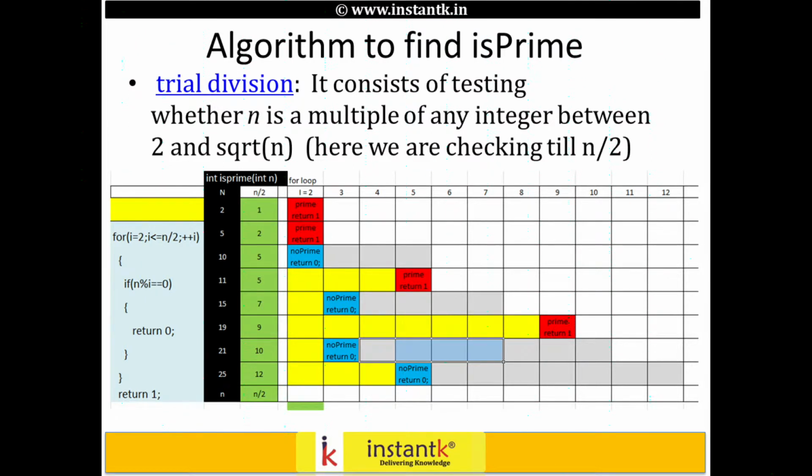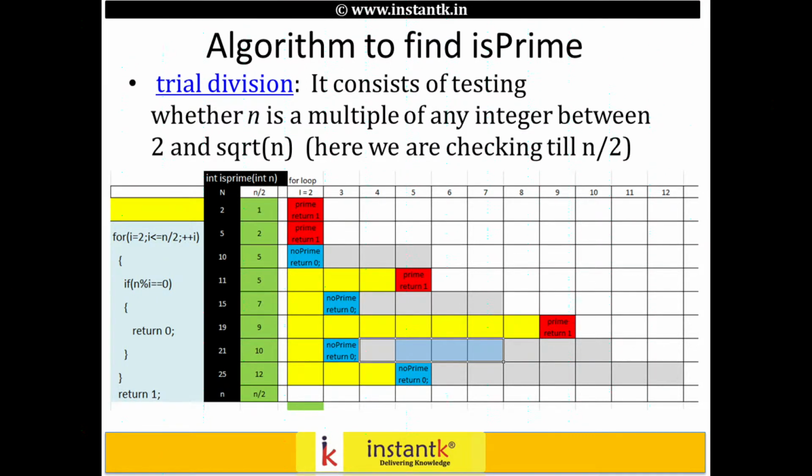If you check each of the integers from 2 to the square root of n and don't find a divisor, then you can declare it a prime number. For simplicity we are here checking from 2 to n by 2. So it is just a 2-line, 3-line code to check whether it is prime or not.